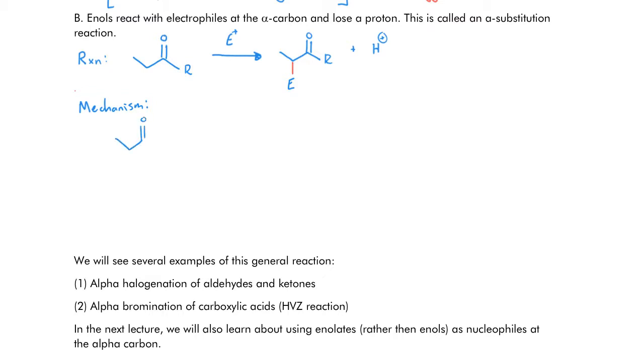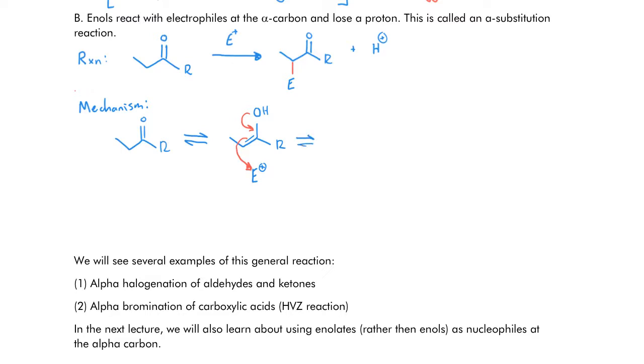Here's a general mechanism which explains, in basic terms, the chemistry of all of those. Essentially, the carbonyl system undergoes an enolization, so it forms an enol. We've already seen the mechanism by which a carbonyl can form an enol, and that enol acts as a nucleophile, where the electrons of the enol make a covalent bond with the electrophile.